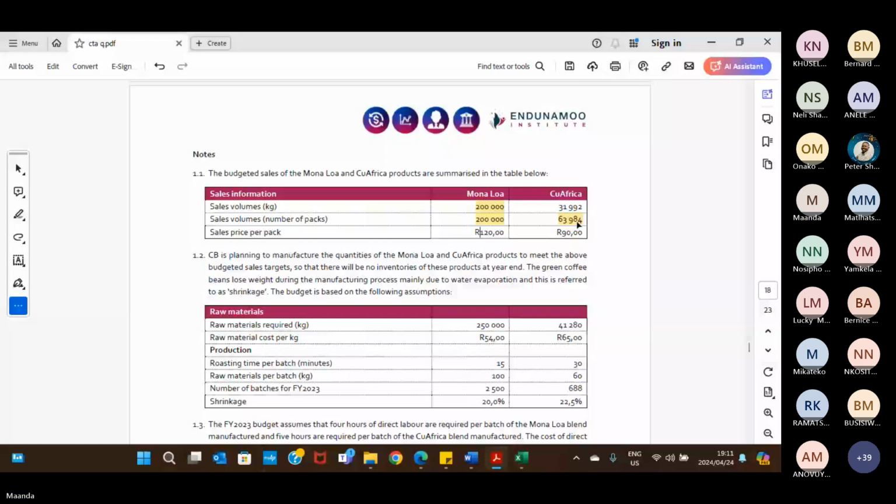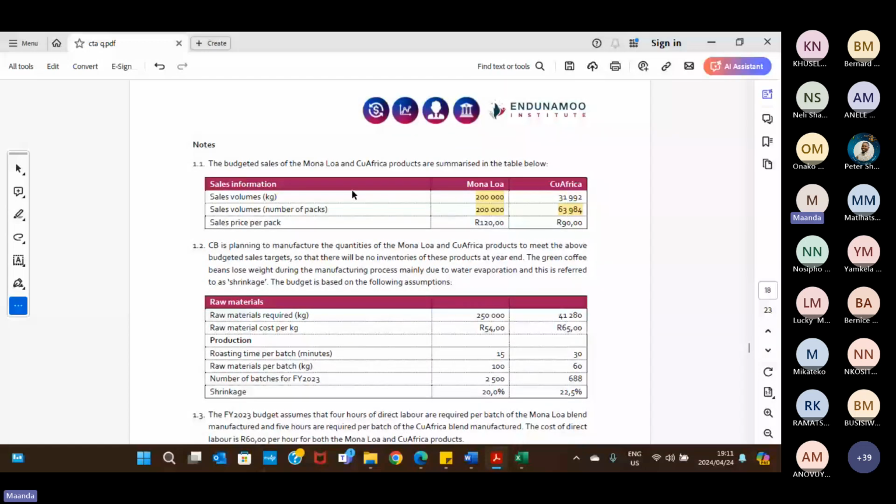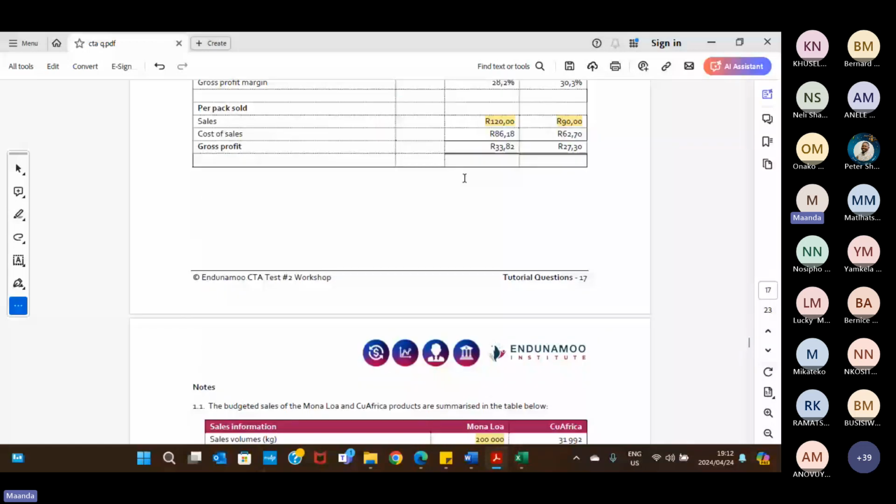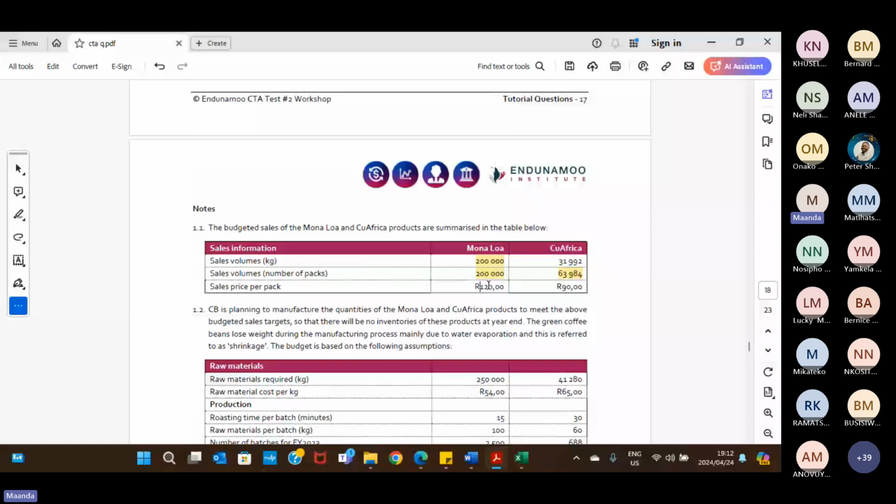Then the sale per pack becomes 120, and the sale per pack here becomes 90. So now if I ask what my sales is made up of, it's made up of the 200 multiplied by the 120. I know my volume and I know my price. And then the same here, I can do the same thing. And then I know here as well. All right.